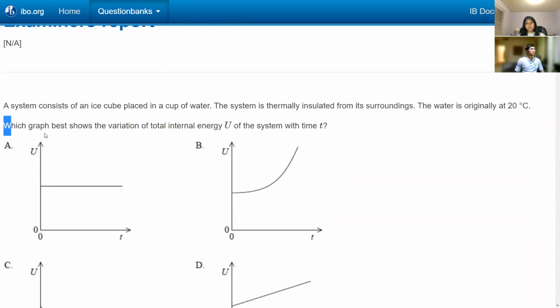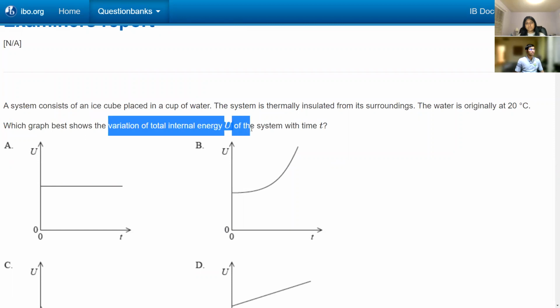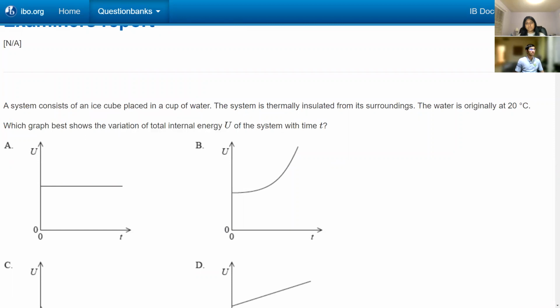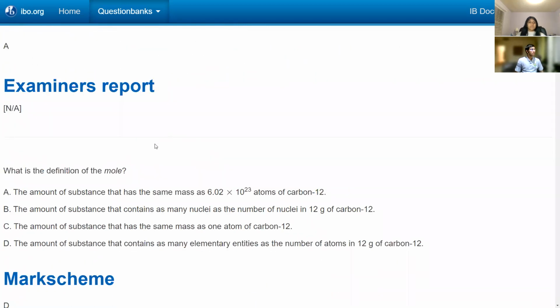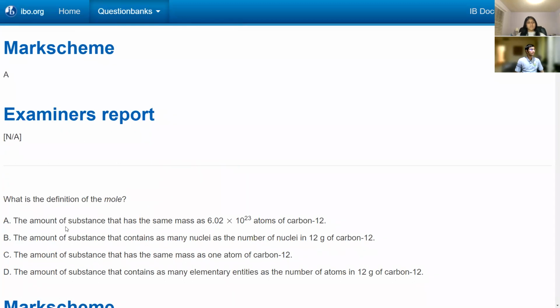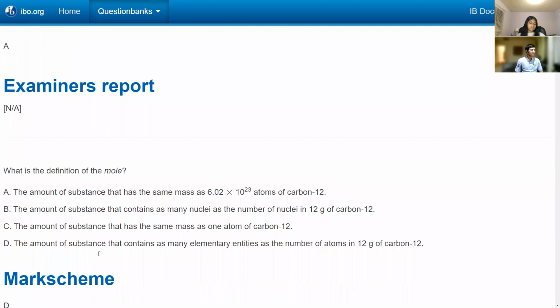Okay. Which of these shows the total internal energy U with respect to time t? It's thermally insulated, so it's the same as before. So A. Okay. Now what's the definition of the mole? D. Yeah, that's just a definition.